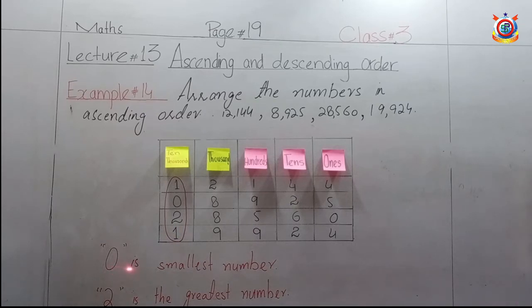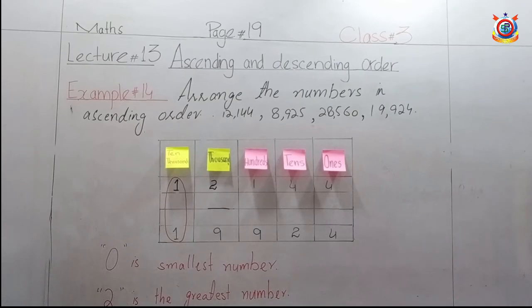Now we will remove the greatest and smallest number, and then we will compare both the numbers. We have 1 in both numbers in 10,000's place, they are same. Therefore, we will leave 10,000's and we will compare thousands place.